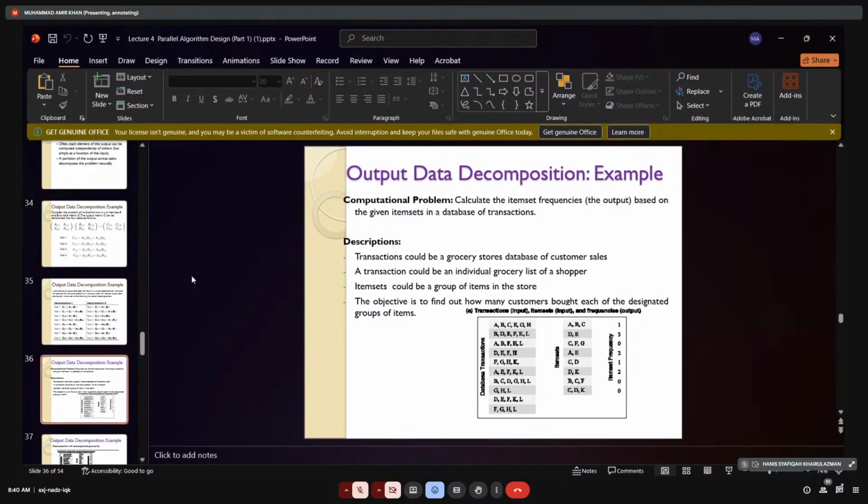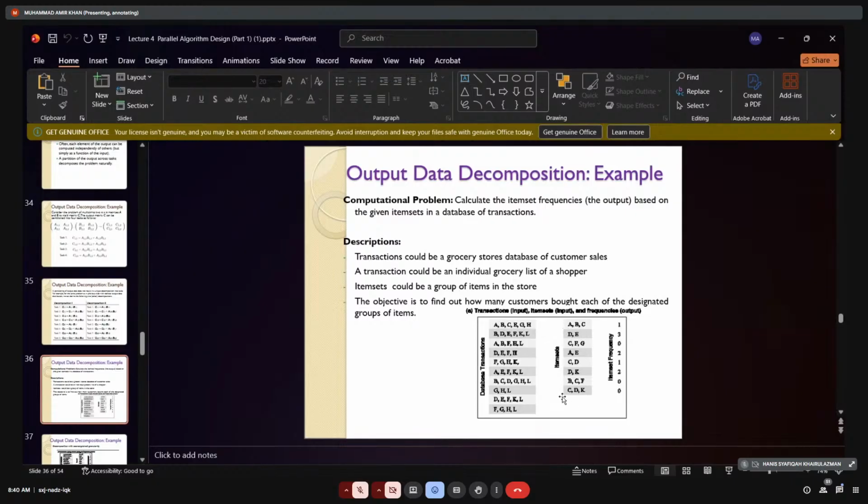For example, here, very simple. We have database transactions A, B, C, E, G, H, like this. So we'll see how many times A, B, C is repeating.